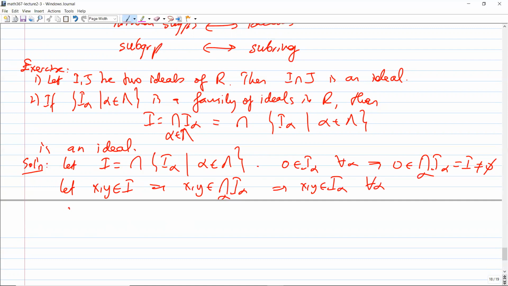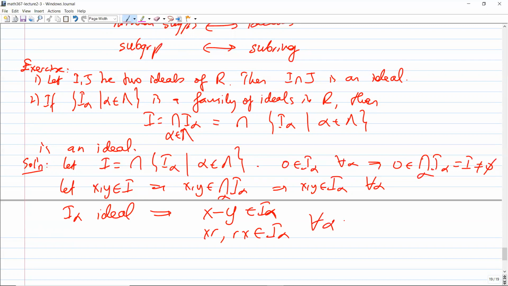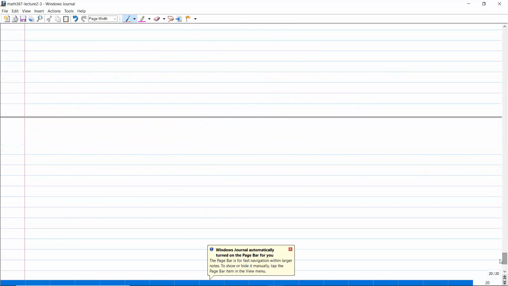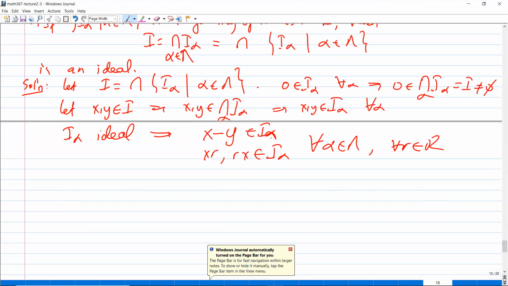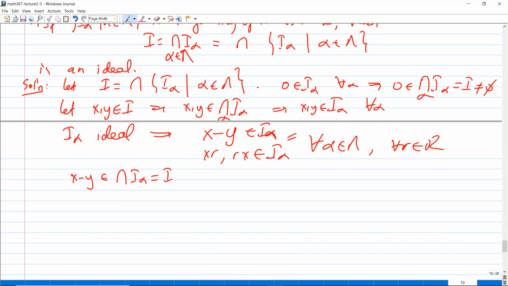But I_alpha is an ideal, so x minus y is in I_alpha, and xr and rx are in I_alpha for all alpha in Lambda and for all r in R. So x minus y is in the intersection of all I_alphas, namely I, and also xr and rx are in I. Therefore I is an ideal.